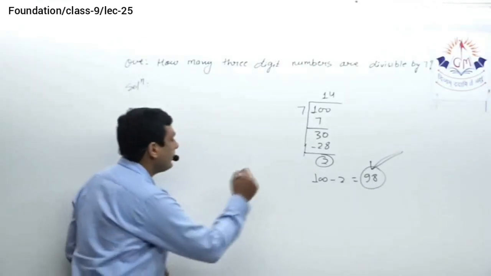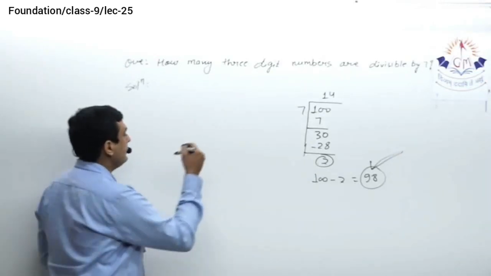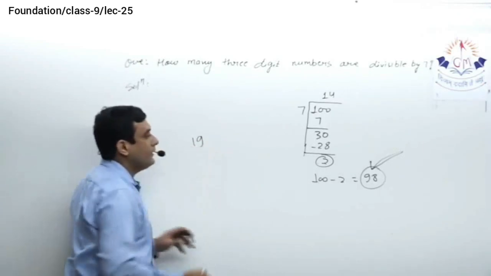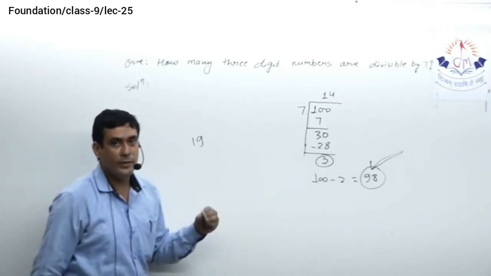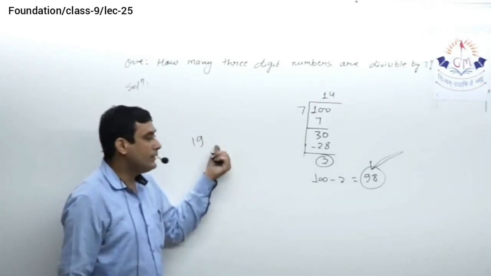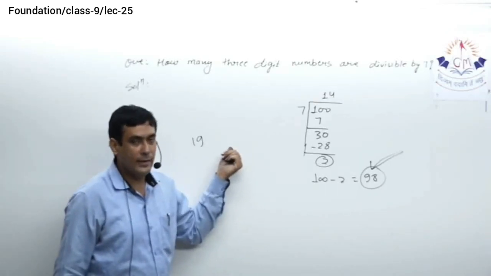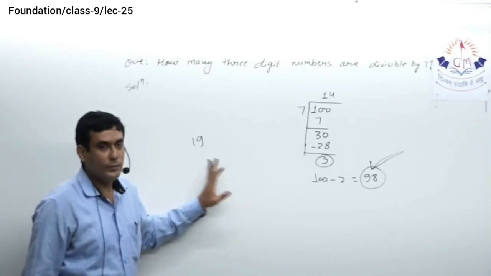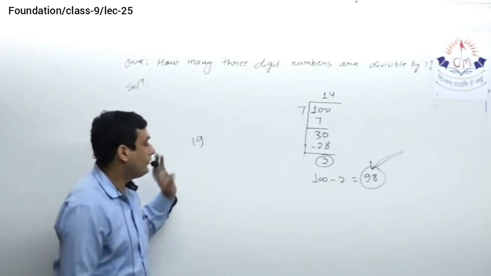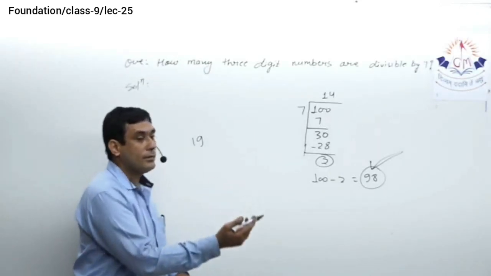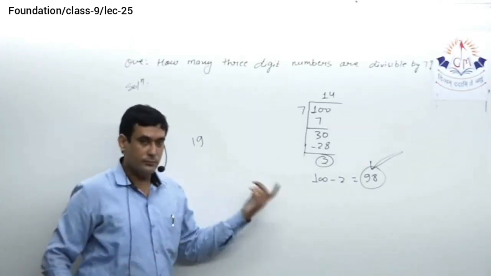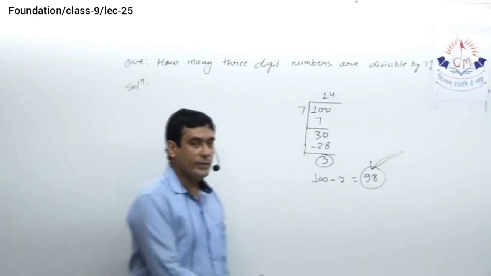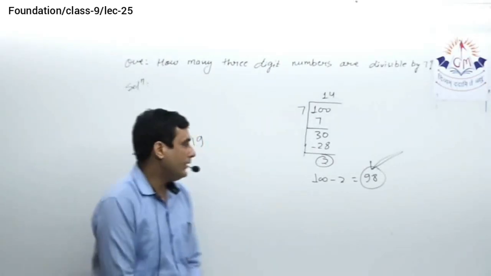Now suppose I say find the multiples of 19, say the 3rd multiple of 19. You will multiply 19 into 3 and get 57, which is a multiple of 19. Now what is the next multiple of 19? In 57, if I add 19, definitely I will get the next multiple of 19.